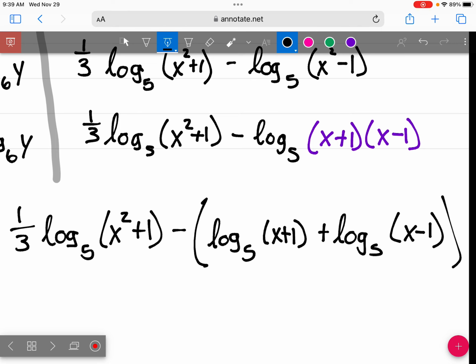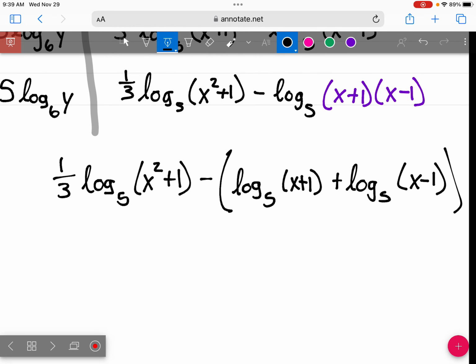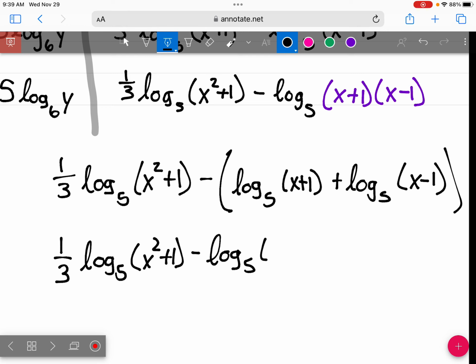And remember, this whole chunk was subtracted, so we have one last step to distribute that minus sign. The whole chunk was subtracted. So 1/3 log base 5 of x squared plus 1 minus log 5 of x plus 1 minus log 5 of x minus 1.